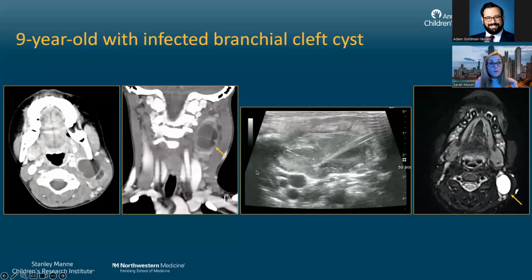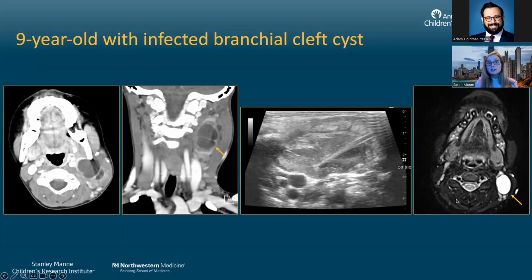This patient went on to get IND, as I'm showing with this ultrasound image. And then they came back to get an MRI to further look for an underlying lesion. Given the location, this is a common location for a branchial cleft 2 anomaly, which is what this ended up being.